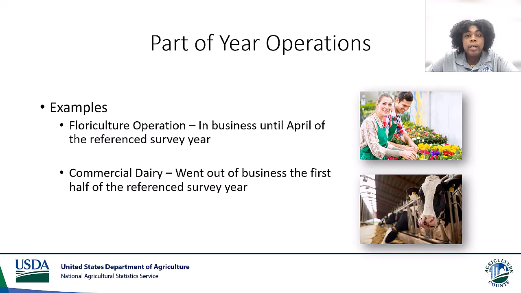Another example would be a commercial dairy that goes out of business during the first half of the reference year. They might have a lot of milk sold during the reference year, despite having no milk cows at the end of the year. Making it clear when the operation went out of business will help statisticians in your regional office make sense of these unusual data relationships.